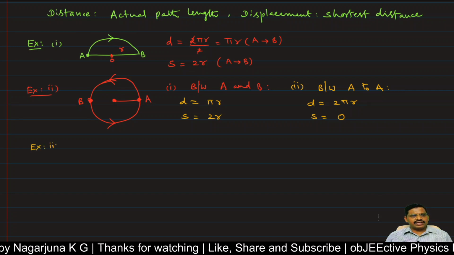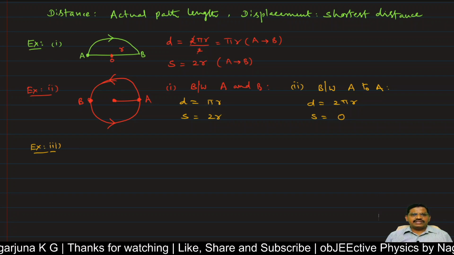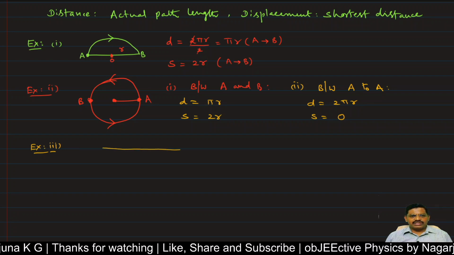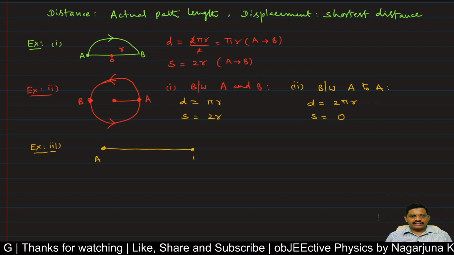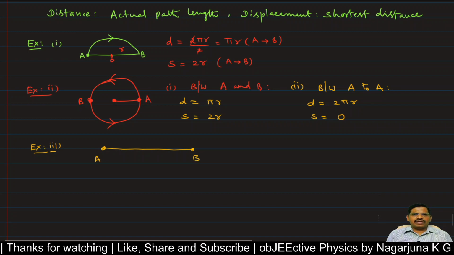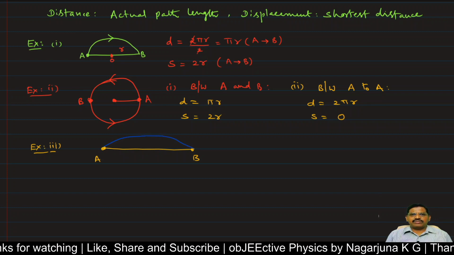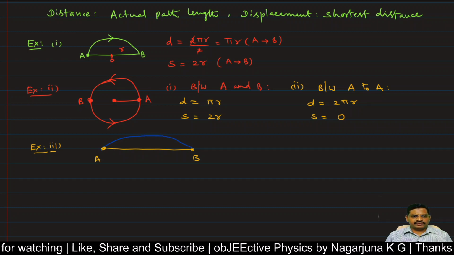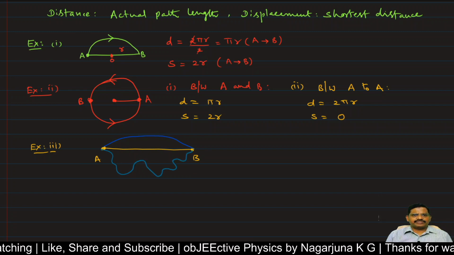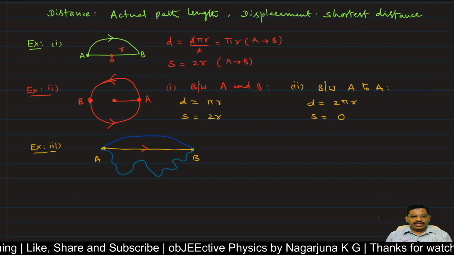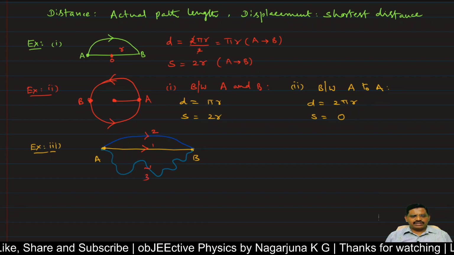Next, let us take another example. Example 3. In this case, let us assume that a particle starts from A and reaches the point B along 3 different paths. AB is path 1, this is path 2 between AB, and this is path 3.